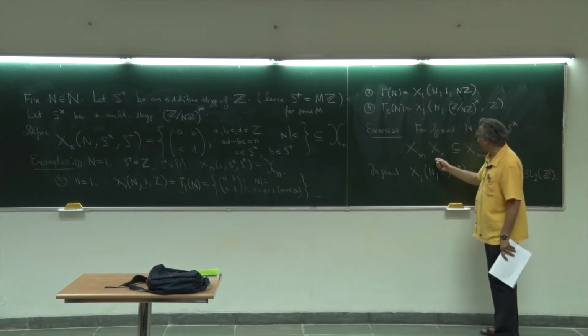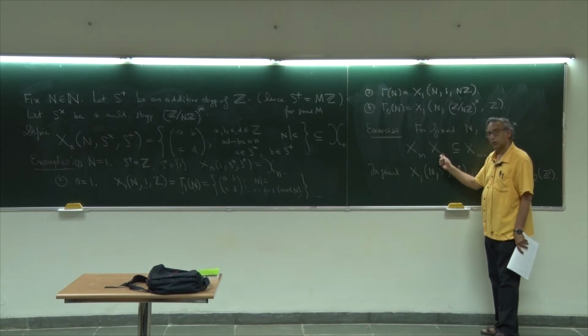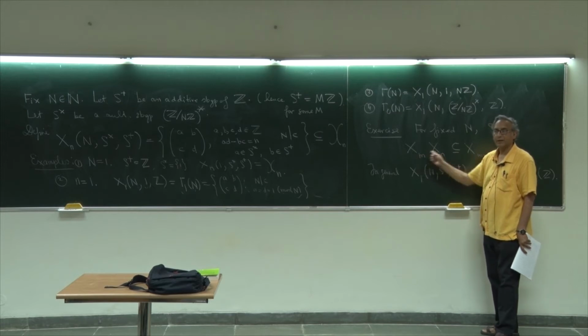And if I pick n equals 1 here, you can see that X_1 acts on X_m on the right. If I pick m equals 1, you can see that X_1 acts on the left on X_m.